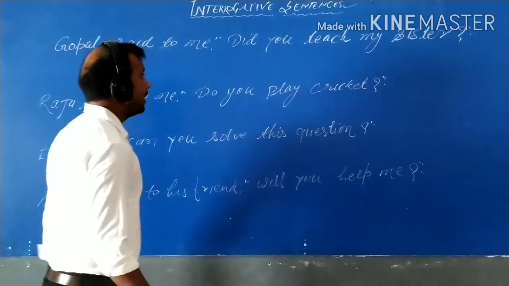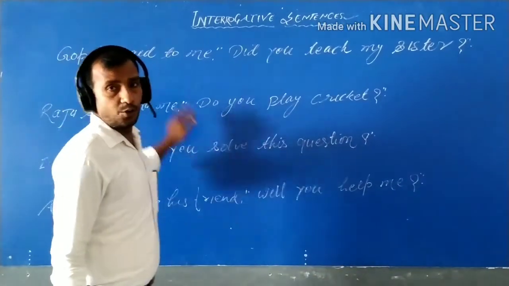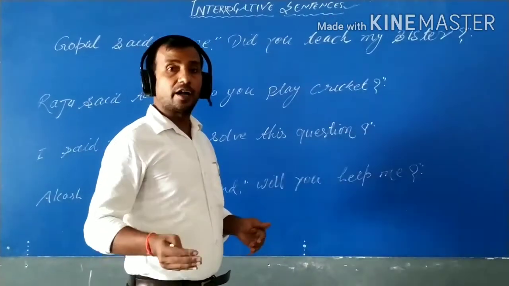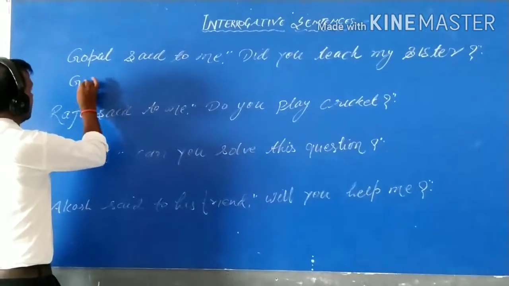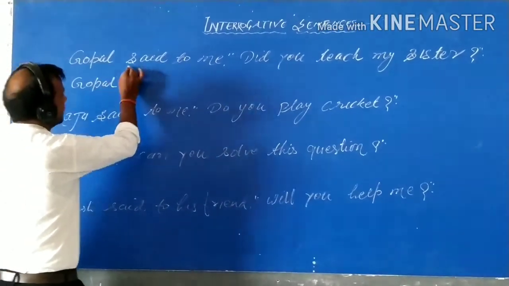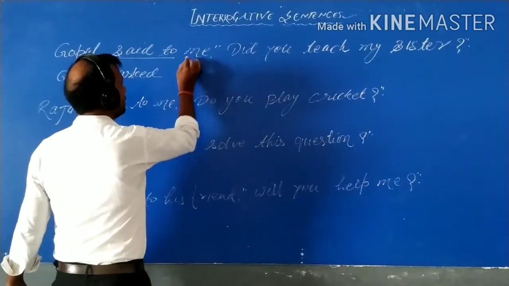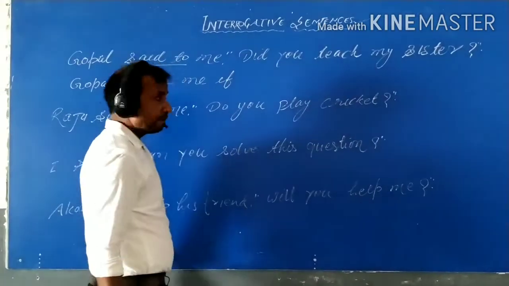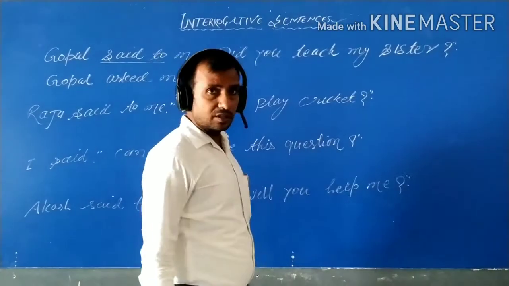So we will interchange step by step, and you have to understand what step is required or adopted by me. So students, Gopal asked me, then the sentence is: "Did you teach my sister?"